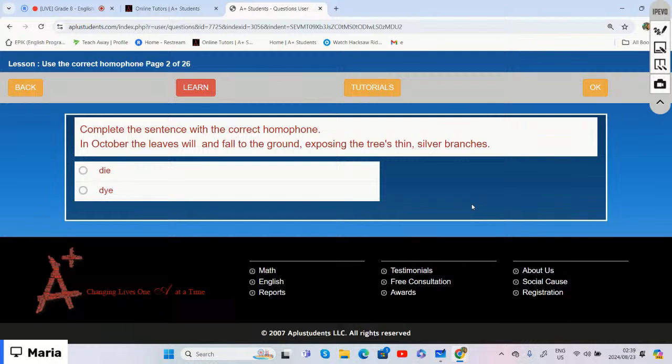Then we said, in October, the leaves will die and fall to the ground, exposing the tree's thin silver branches.